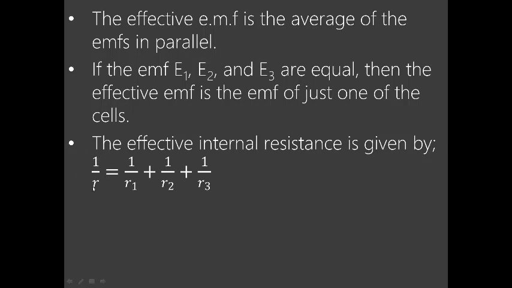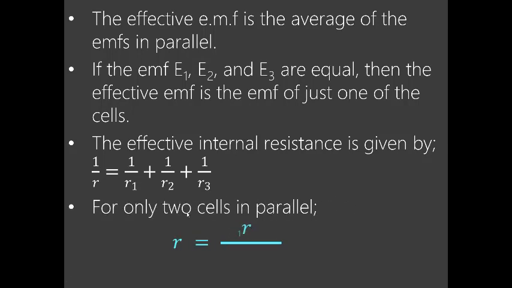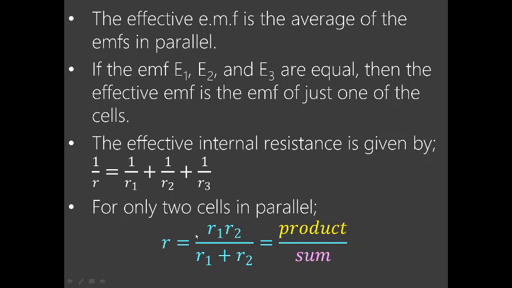The reciprocal of the effective internal resistance is equal to the sum of the reciprocals of the individual internal resistances. And when there are only 2 cells in parallel, then you go back to our formula: R is equal to R1R2 over R1 plus R2, which is product over sum in simple terms.